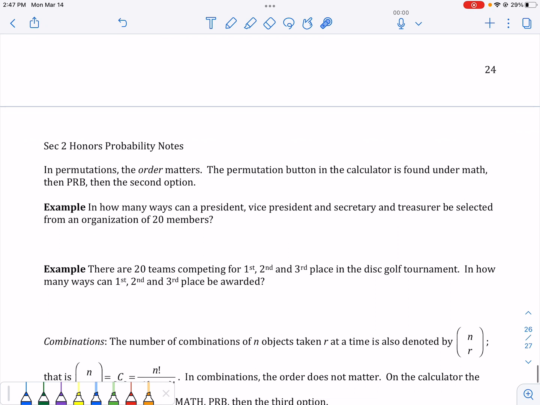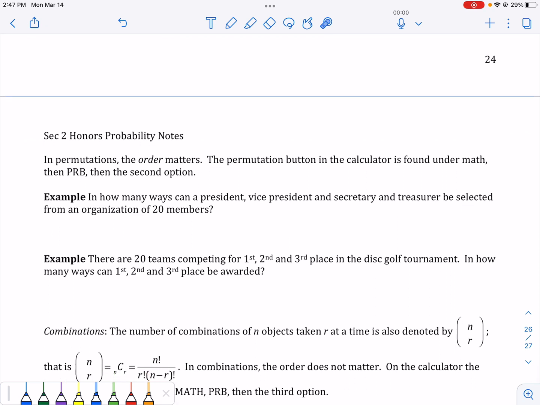Now, the thing about permutations is that our order matters, right? So if we're thinking about first place versus second place versus third place, that would be when our order matters. If I'm doing president versus vice president versus secretary, their specific roles matter, right?